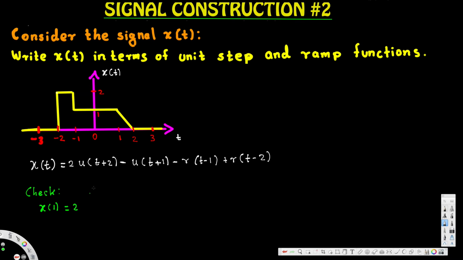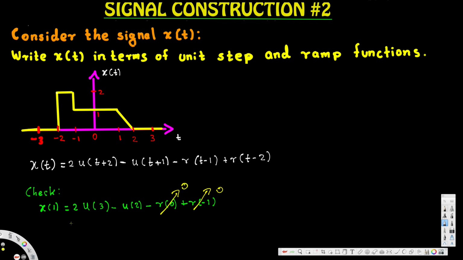If you plug 1 in for all the t values, we are going to have u of t plus 2, that's 1 plus 2, 3, minus u of 1 plus 1, that's 2, plus r of 1 minus 1, that's 0, and this is 1 minus 2, that's -1, so plus r of -1. And there's no r of -1 or r of 0, we don't have a ramp function, so these two are 0.